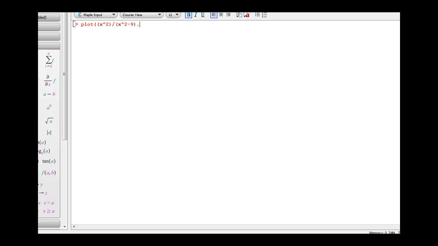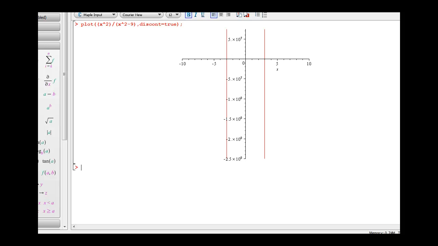If I had plotted this graph regularly, it would draw a line between positive and negative infinity for my asymptotic lines, and I don't really want that. I want to see what this graph looks like without those lines connected. So I'm going to plot this with a command that says discont, for discontinuity, equals true. And let's see what that graph looks like.